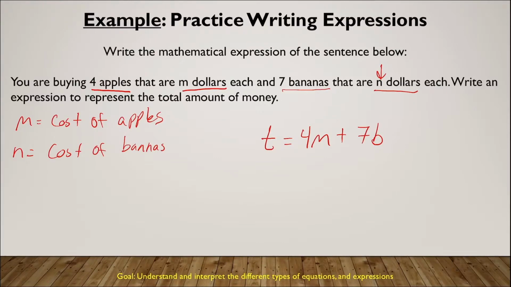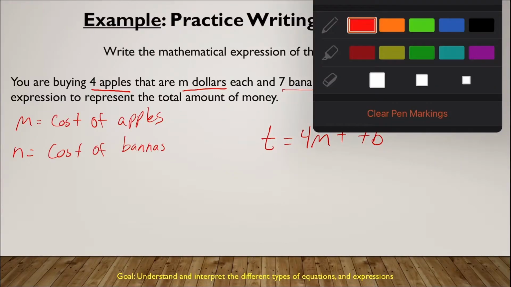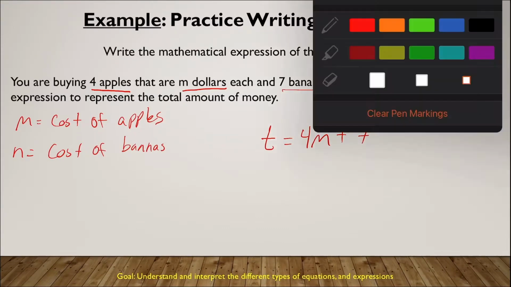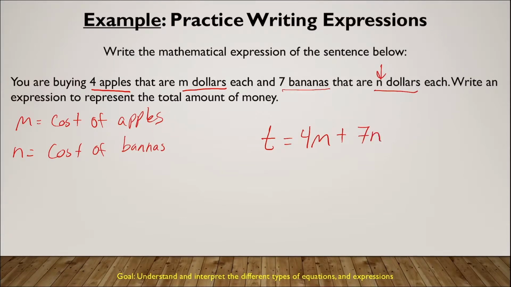Oh, we don't have a B. There's no B in here. We have 7 bananas that are multiplied by $N. Right, so if I have 4 of them, I have to pay that 4 times. That's multiplication. Same thing with my 7 bananas.